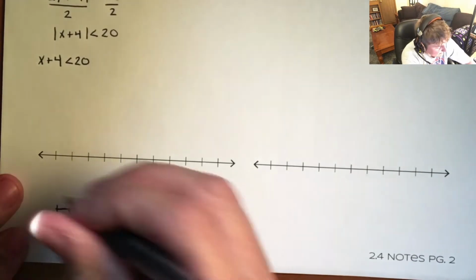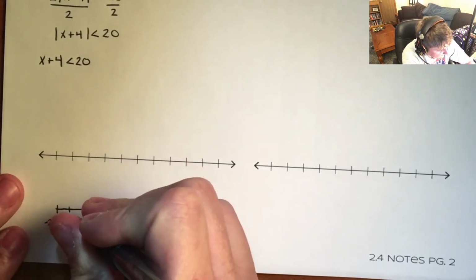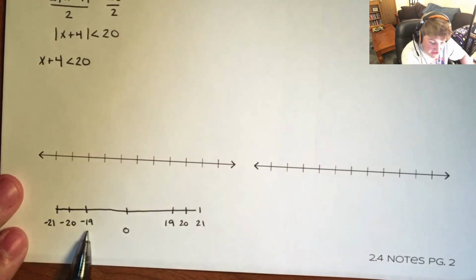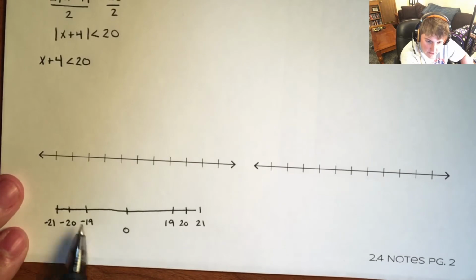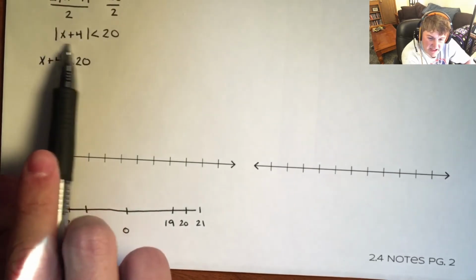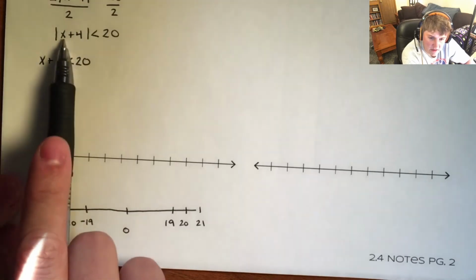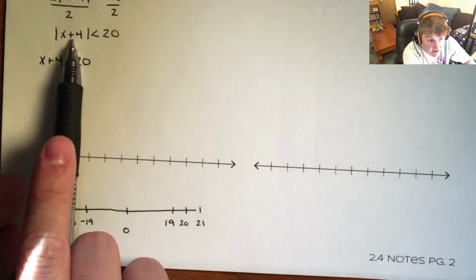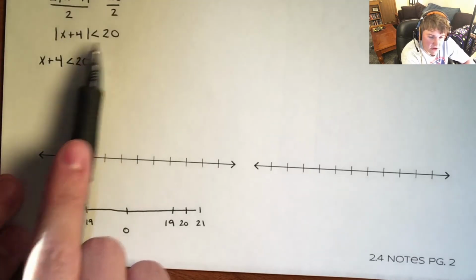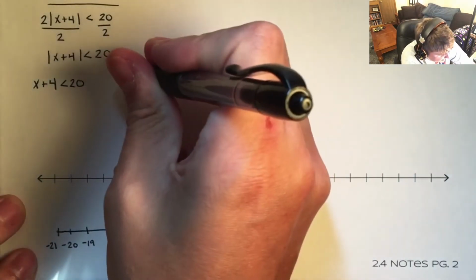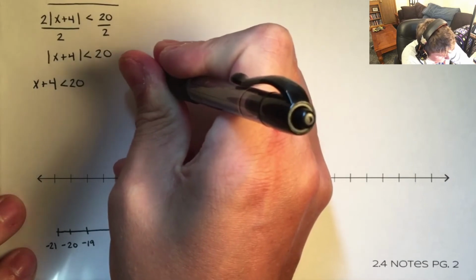But what if the whole inside part was negative 19? Well, the absolute value of negative 19 is 19. And that is less than 20. So that would work. So I do have this other side here that needs to be accounted for.